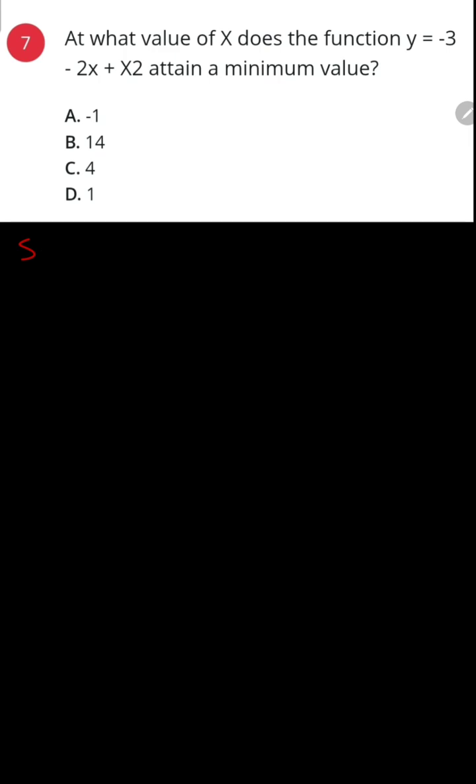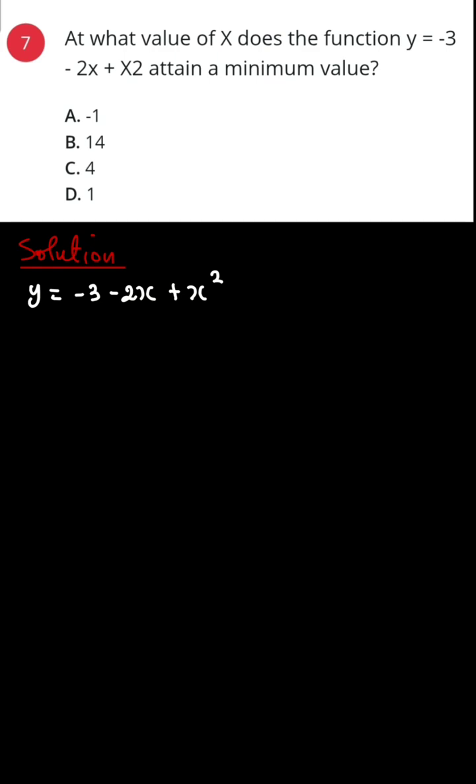In this question, you are asked to find the value of x for which the function y equals minus 3 minus 2x plus x squared, please, this is x squared, a typographical error, attains a minimum value. How do you do that? We can only do that by finding the turning point.